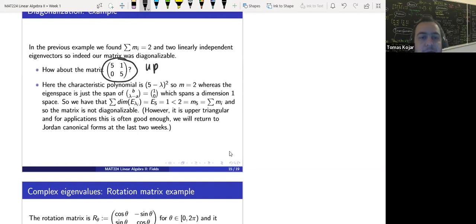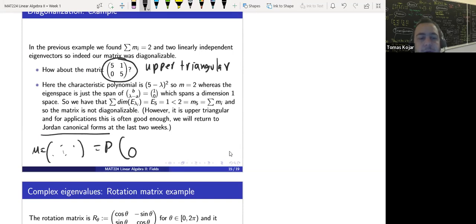This is upper triangular, and in applications, that's often all we need. In the last week, we will talk about how to bring a general matrix M into upper triangular form. That's the teaser for Jordan canonical form.